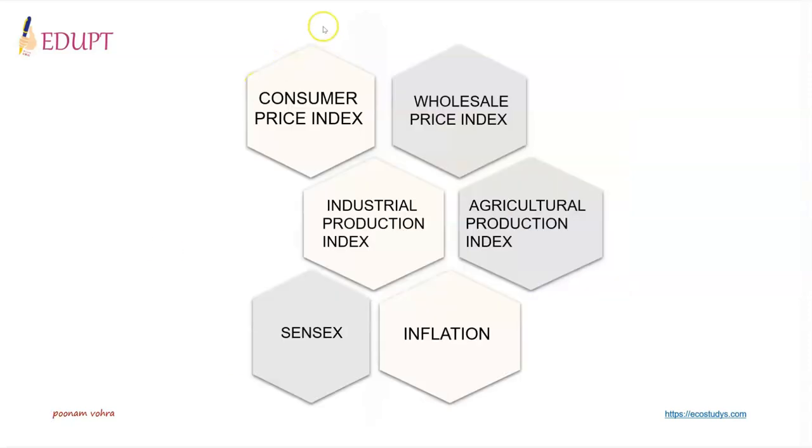First is consumer price index number. These are constructed to measure effects of changes in prices of goods and services on the real income, that is the purchasing power of people during a given period of time related to base year.